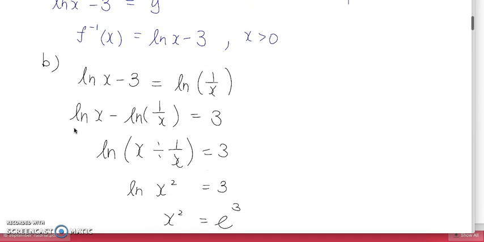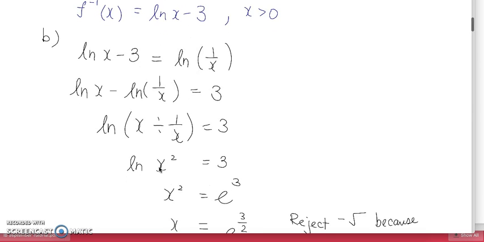We know that when we are subtracting two ln expressions, this is equivalent to ln of x divided by 1 over x. You can also find this in your formula booklet. x divided by 1 over x is x squared. So ln x squared is equal to 3.